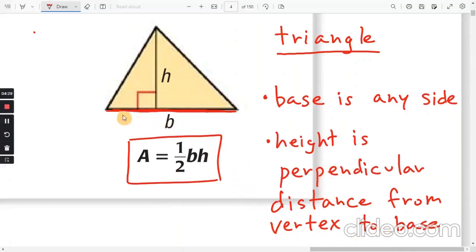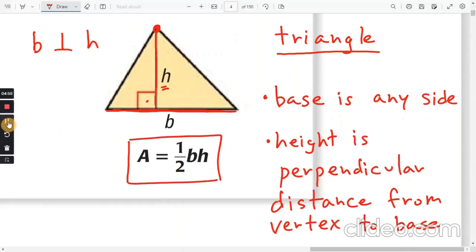So if you go to the vertex that's opposite the base, like this vertex here, that distance is considered the height H. Once again, notice the base and the height make a right angle with each other, so the base is perpendicular to the height. You'll notice that pattern for these figures.